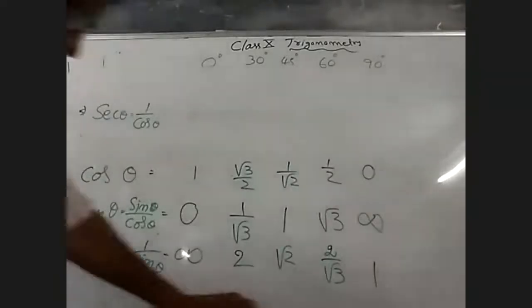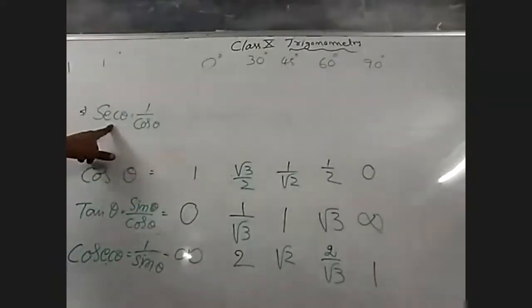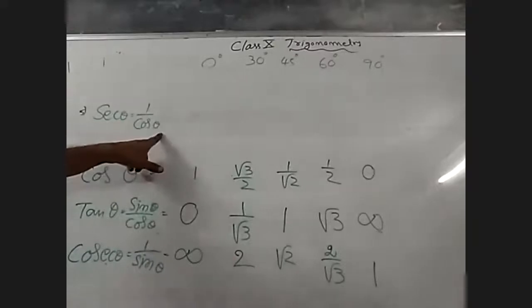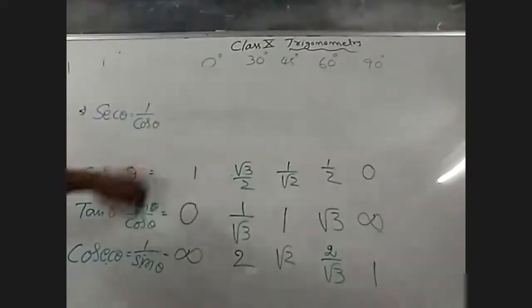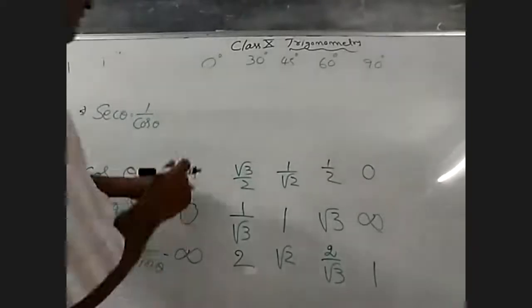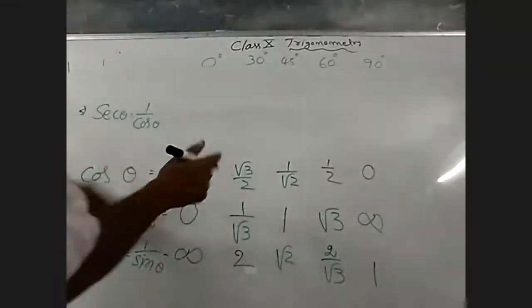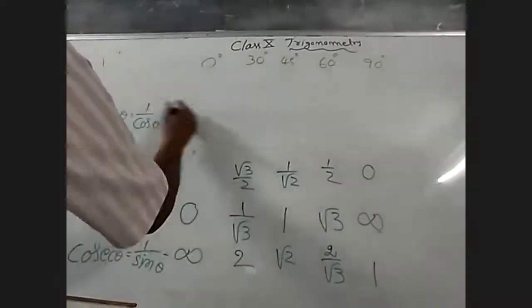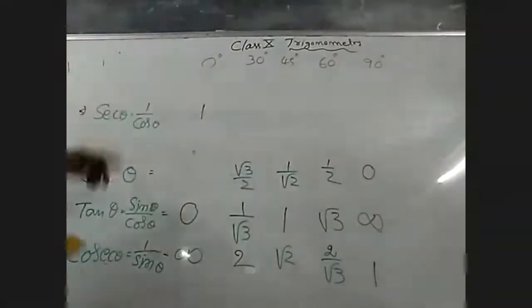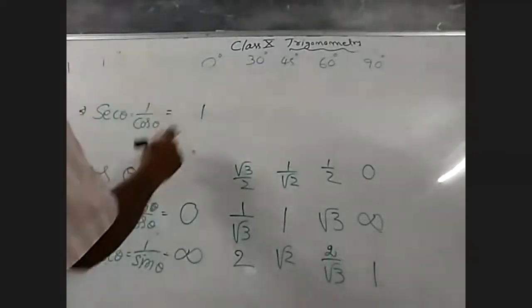So secant 0 means 1 by cos 0. What is the value of cos 0? 1. So 1 by 1 is nothing but 1. So secant 0 is equal to 1.